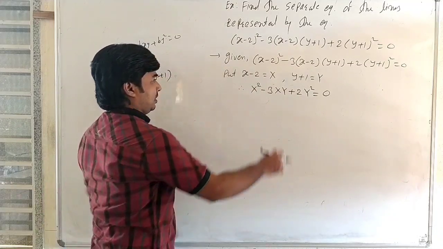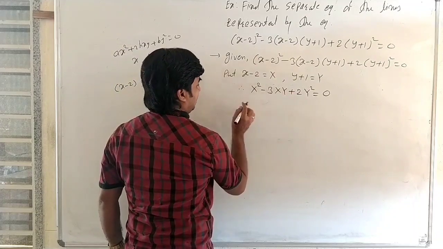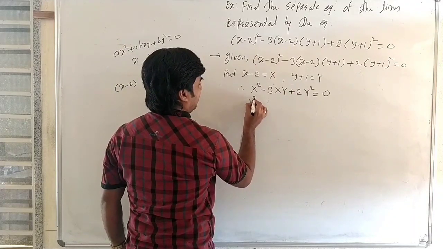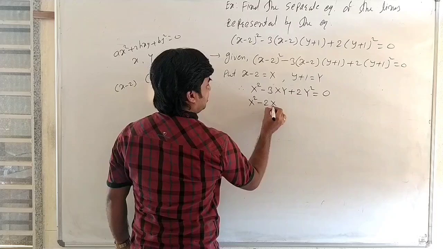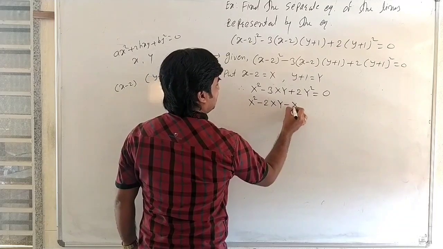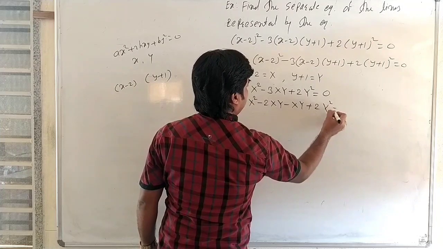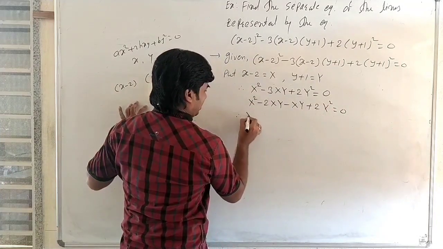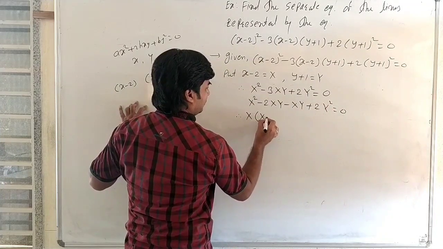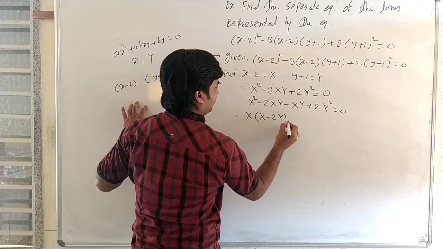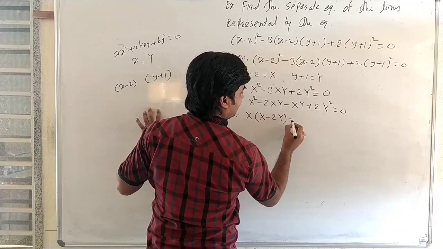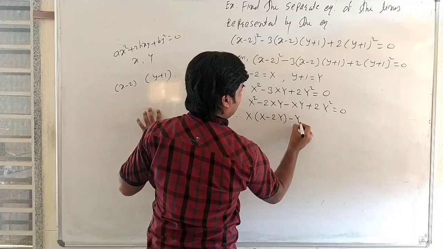Now factorize. Multiplication 2, addition minus 3. Therefore, you can write X square minus 2XY minus XY plus 2Y square is equal to 0. Therefore, X minus 2Y, then take minus Y common.